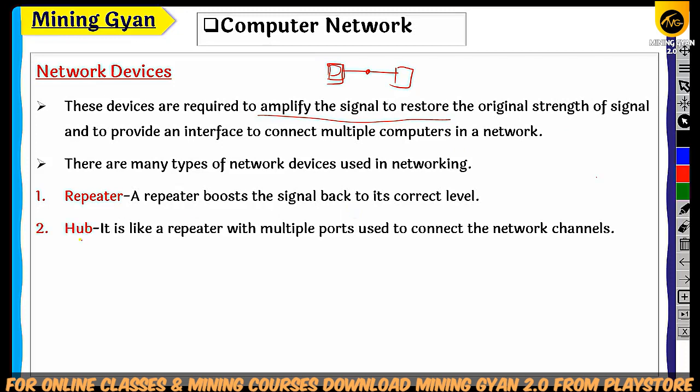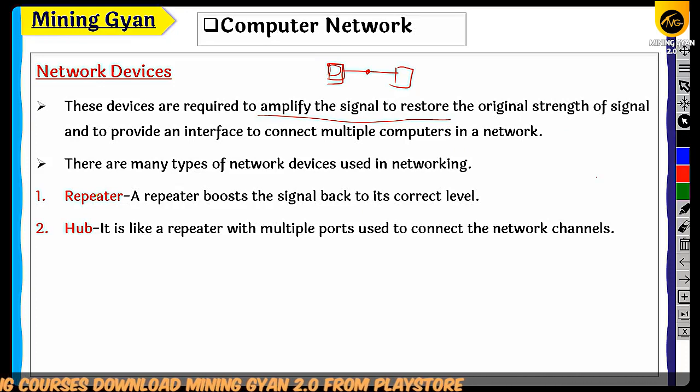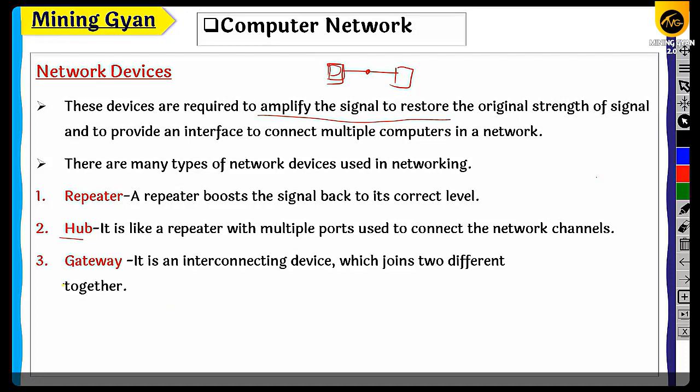The second one is the hub. It is like a repeater with multiple ports. Basically, a repeater is also a device used for signal boosting. A hub is also a repeater, but the hub has multiple ports used to connect the network channels. Now the third one is the gateway.